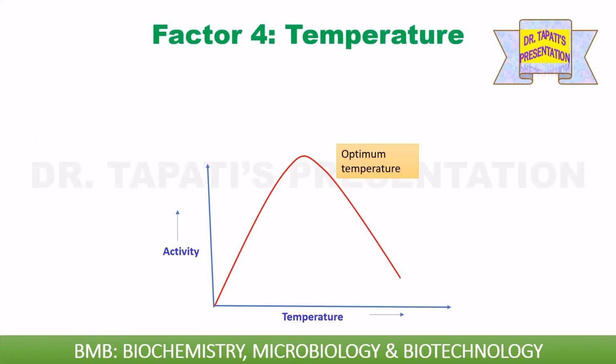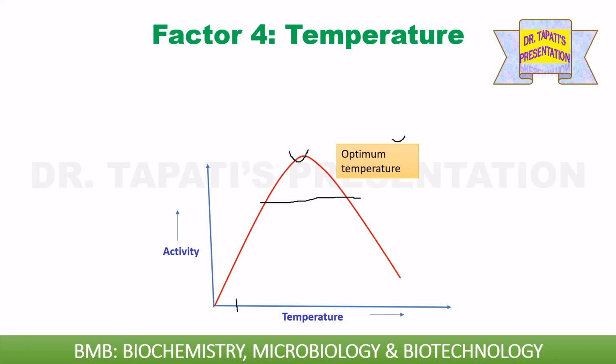As enzymes are proteins, they are highly sensitive to thermal changes. Every enzyme works very well within a certain temperature range and is most active at a specific temperature, which is called the optimum temperature of that enzyme. Few enzymes are cold active, can work at very low temperature.